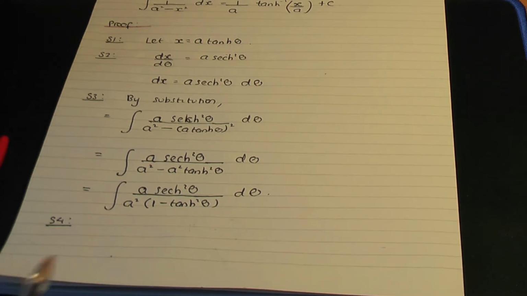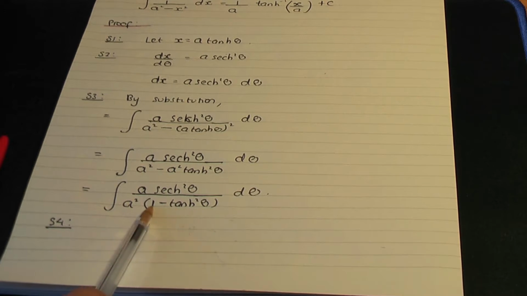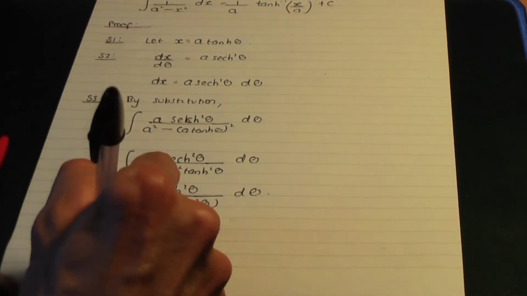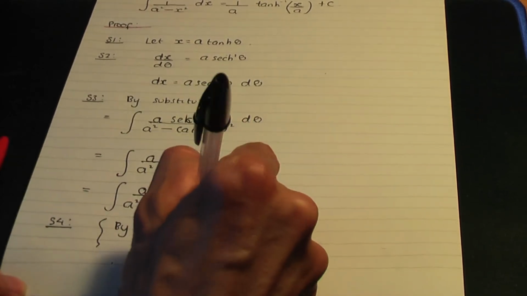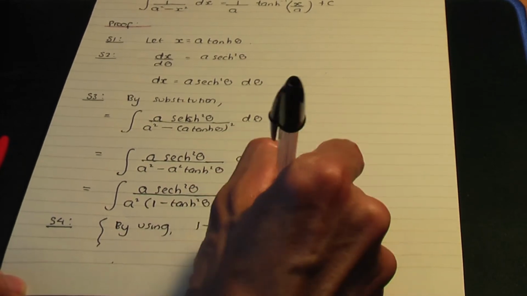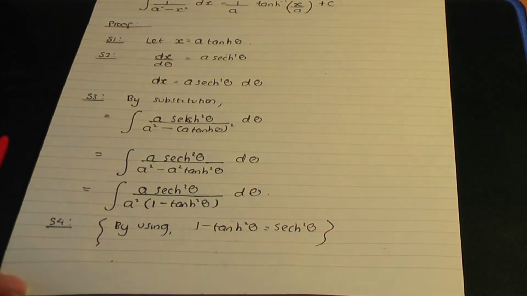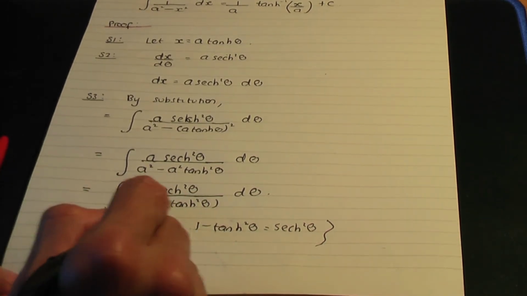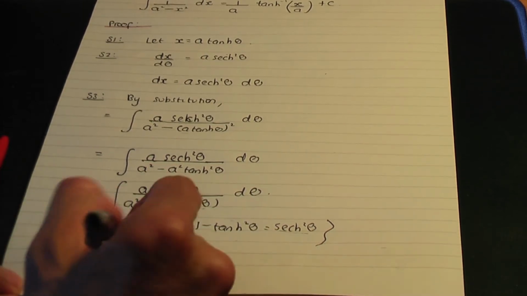Now there is an identity that is exactly this: 1 minus hyperbolic tan squared theta is equivalent to hyperbolic sec squared theta.